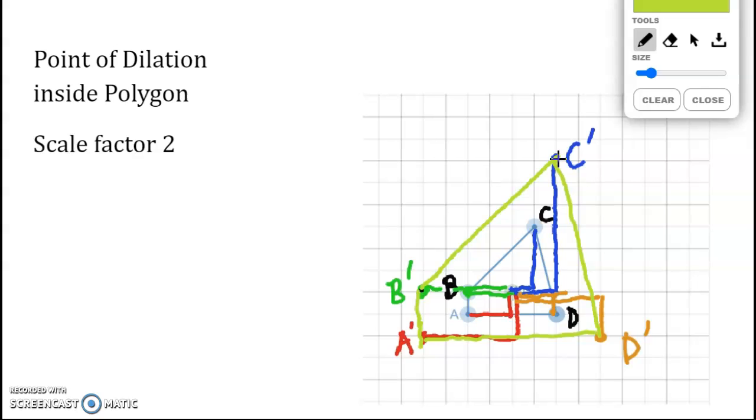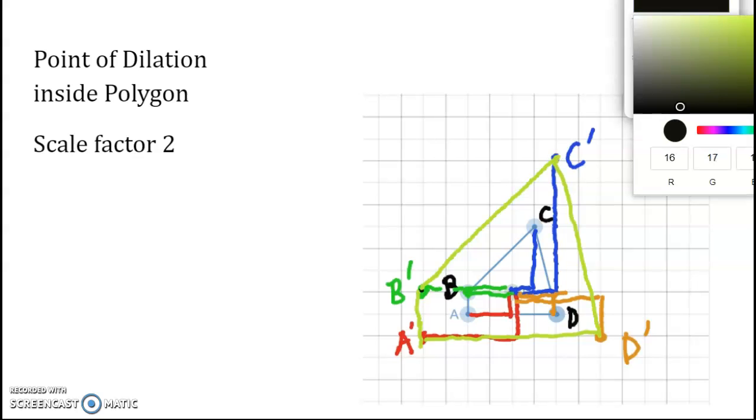Okay, great. Let me redraw the original so that you can see clearly. This is the original. This is the pre-image, and this is my image.